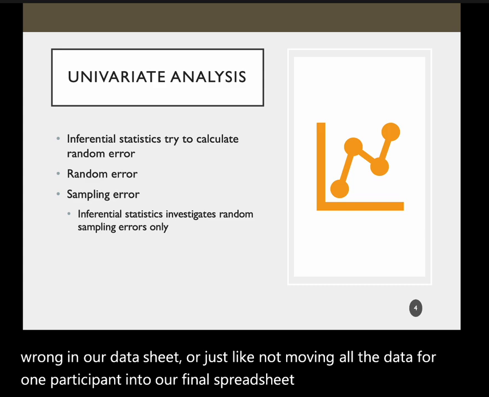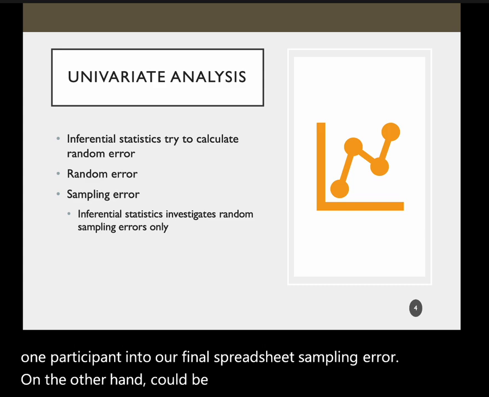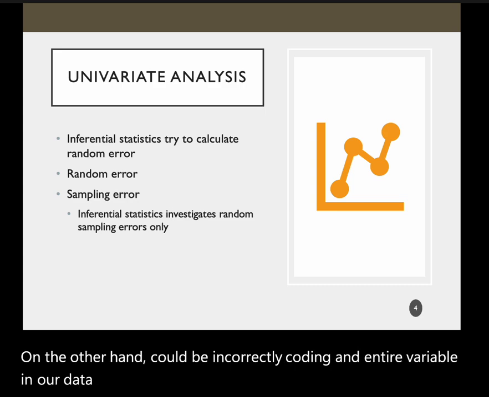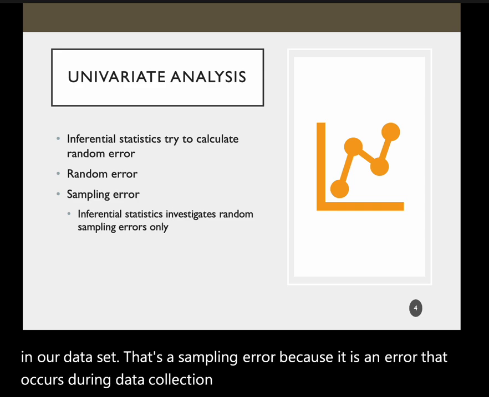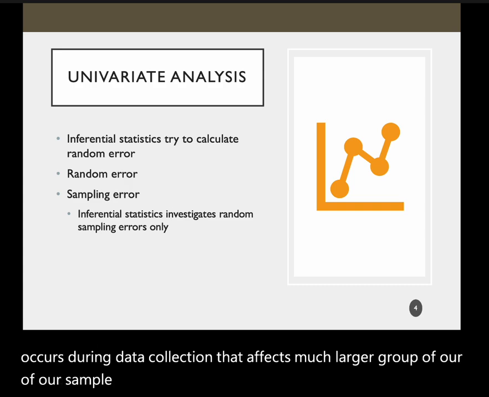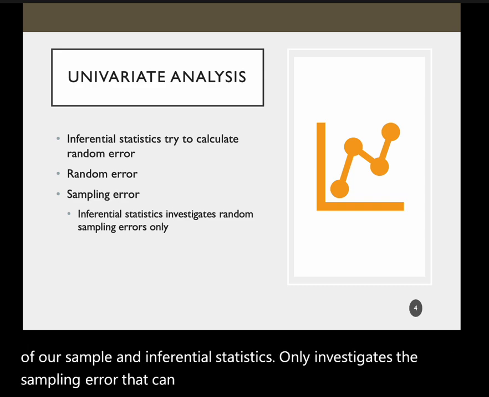Sampling error, on the other hand, could be incorrectly coding an entire variable in our data set. That's a sampling error because it is an error that occurs during data collection that affects a much larger group of our sample. And inferential statistics only investigates the sampling error that can happen randomly.